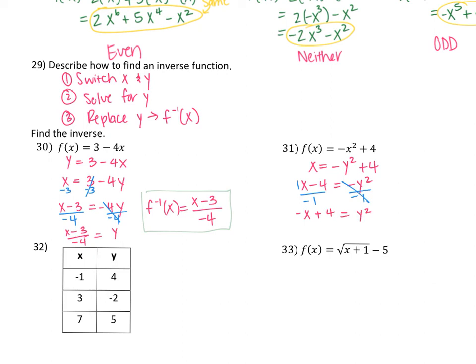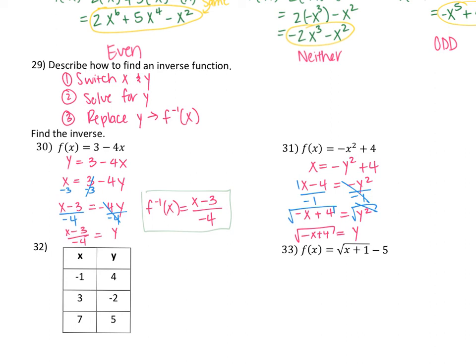Y squared comes down. And then when I look at this, I'm like, okay, I have to get rid of a square. So I'm going to take a square root. And so the square root and the square cancel. So I'm left with y equals the square root of -x plus 4. For this case, I'm just going to assume to take the positive, because inverses don't like to have both positive and negative.